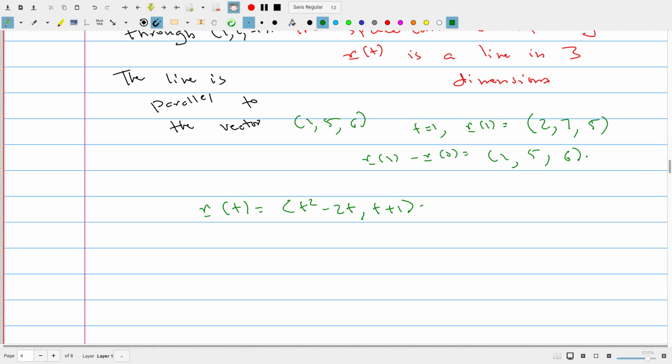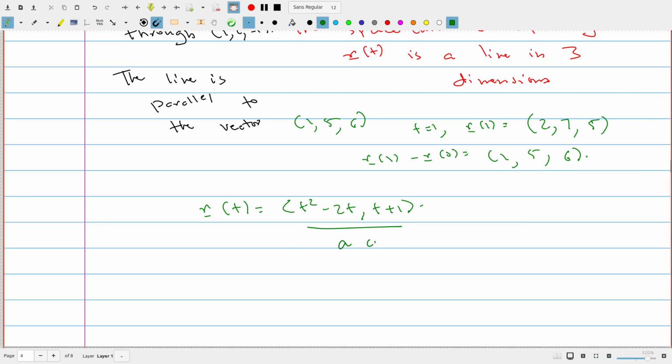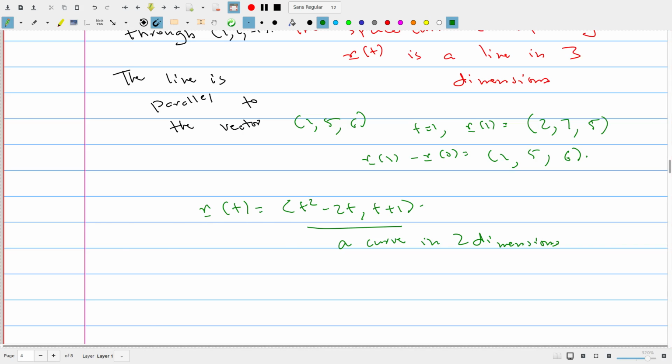So this is a curve in 2 dimensions. If I want to convert this to Cartesian notation, as in y in terms of x, y equals f of x, then what I have to do is see the fact that y equals t plus 1, or t is equal to y minus 1, right?